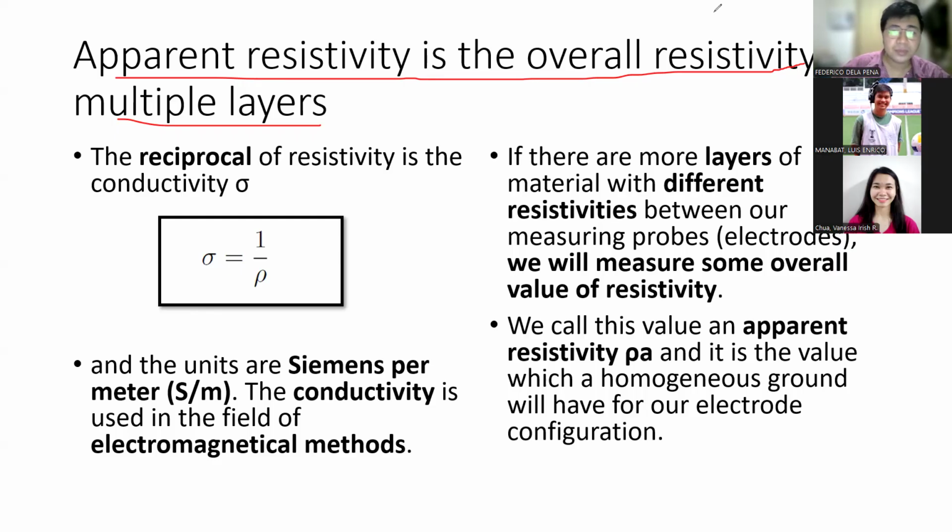That's the same with resistivity. Whenever you have multiple layers in the subsurface, like beds, strata, or soil and then bedrock, the resistivity that you're going to be measuring is what we call the apparent resistivity. And this will always be an average, sort of a weighted average of the resistivities of our materials.